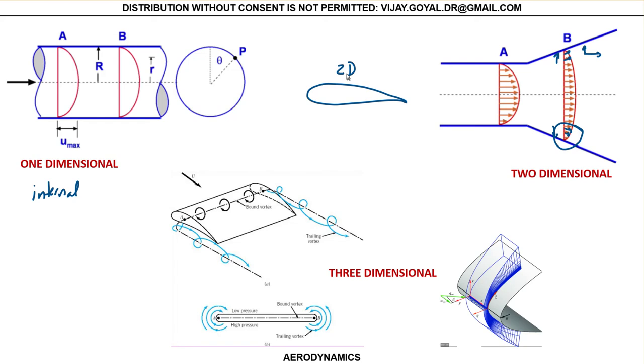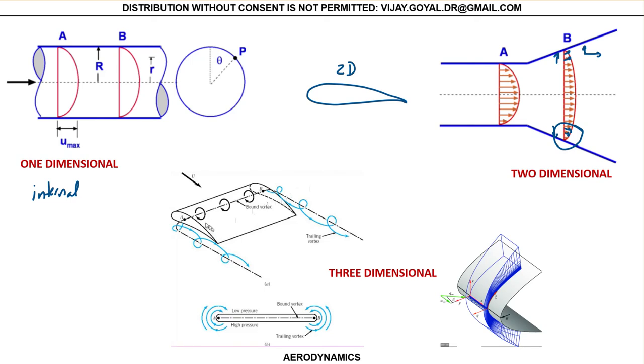Now, in real life, we have the case of three-dimensional flow. And it's almost impossible to study three-dimensional flow by hand. You can do some very simple hand-calculation approximations, but mainly you need a wind tunnel or computational fluid dynamics, as we call it.